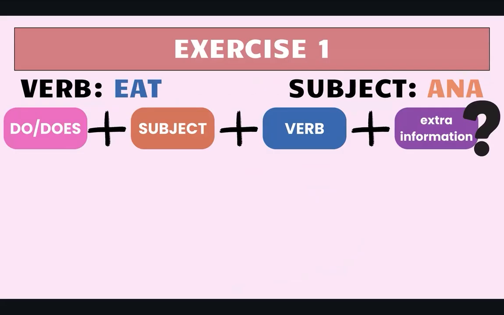So in this case, our subject is Anna, which is she. Anna is a woman's name. So our subject is going to be she. We use the subject to decide whether to use do or does. Since she is third person singular, we're going to use does. Our verb is eat. And remember, we don't change the verb after do or does.